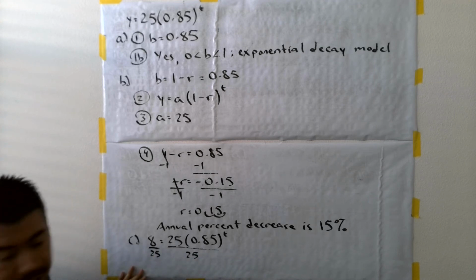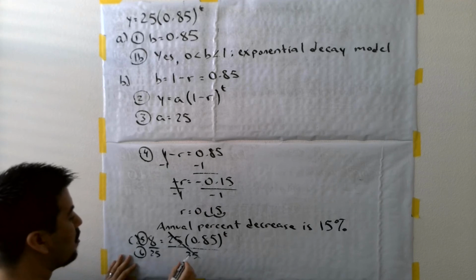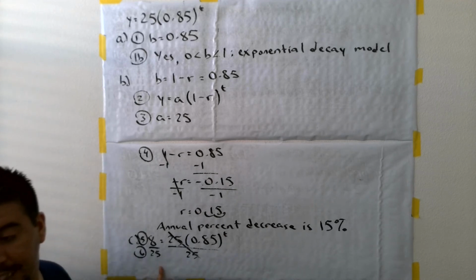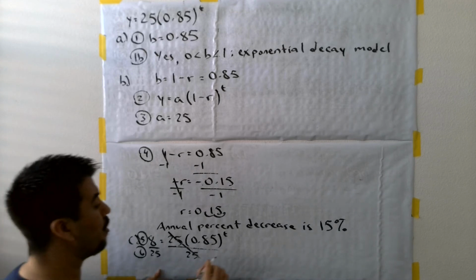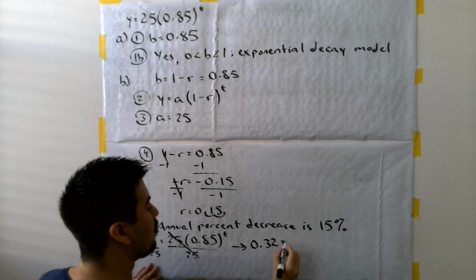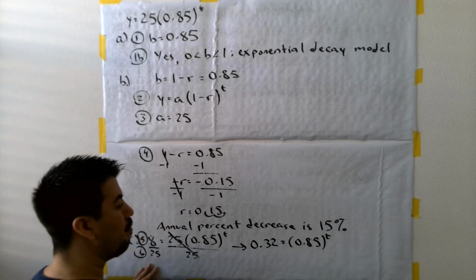This is actually step 5, by the way, and this part is step 6, now solving for t. If I divide both sides by 25, 8 divided by 25 is going to get us 0.32, so I'll move it over here. 0.32 is equal to 0.85 raised to the t power.